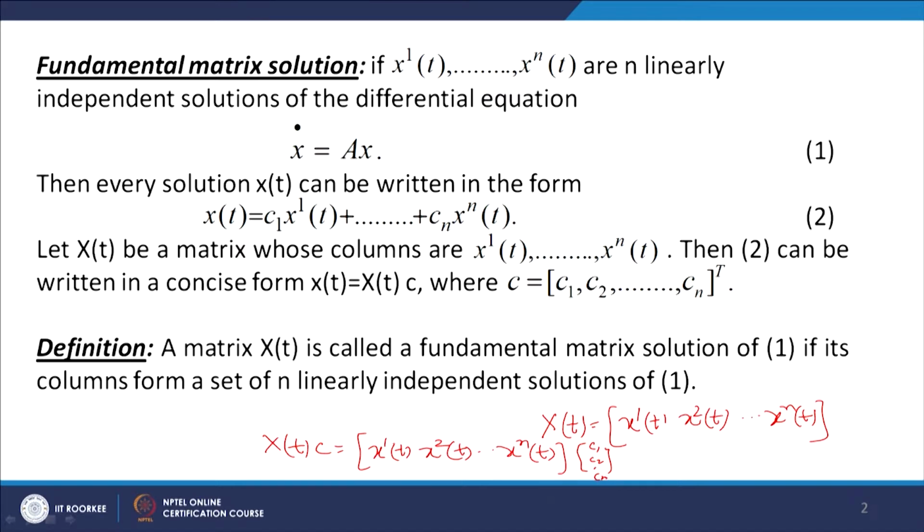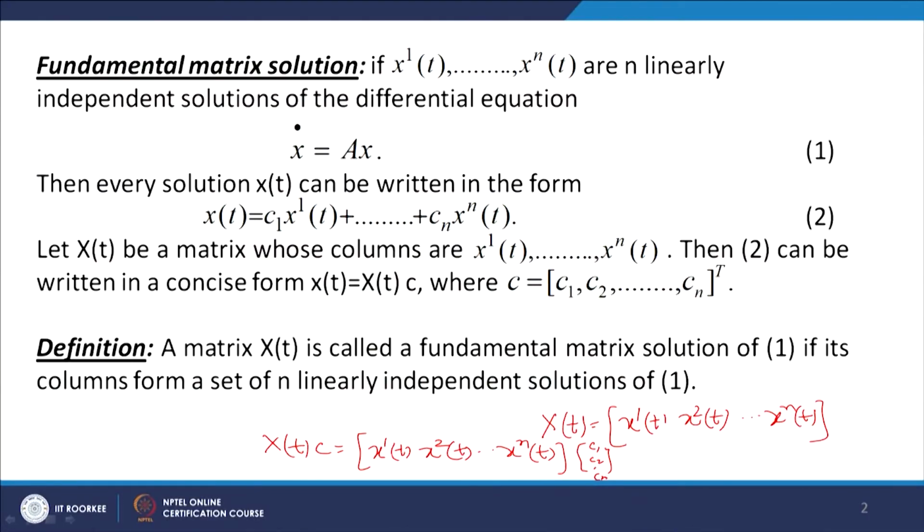So x(t) is a column vector, equal to c1 times x1(t) plus c2 times x2(t) and so on cn times xn(t). It is the general solution of the vector differential equation x dot equal to Ax.